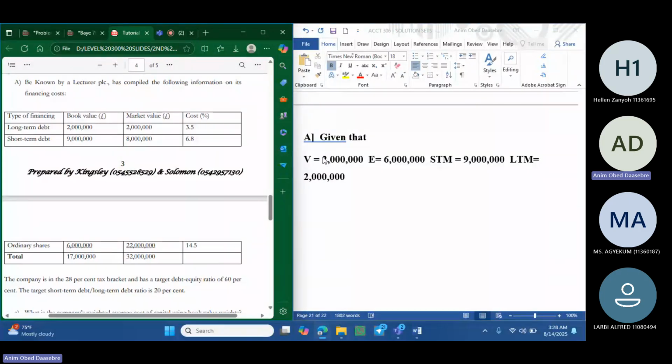The total is 17, not the 2 million. If you pick the 2 million, it's only long term, and short term is 9. Ordinary share or equity is 6 million. So when you sum the three up, you get the total book value.